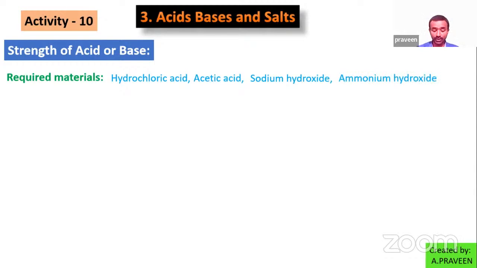Next, you require electrodes, because here you are trying to find out the strength of the acid. Whether the acid is strong or weak will be decided by the number of ions in it. The number of ions produced by the acid or the base in aqueous solution, in water, will give you the strength of the acid or the base.